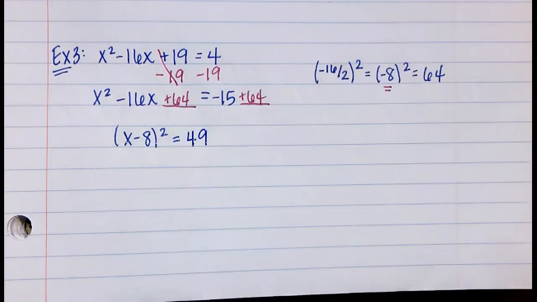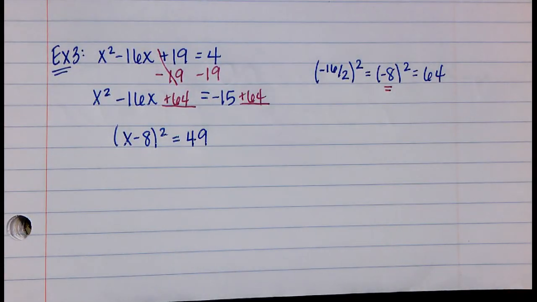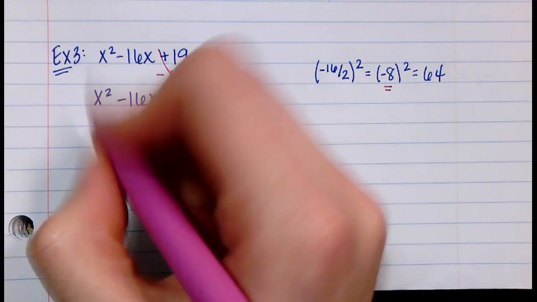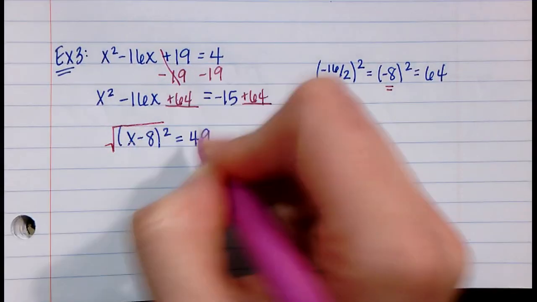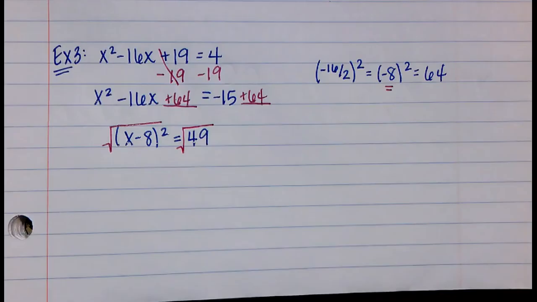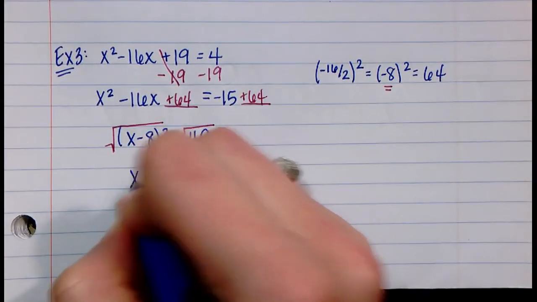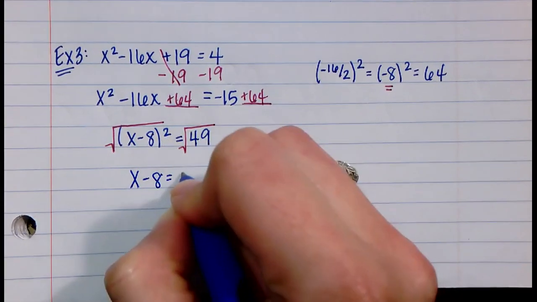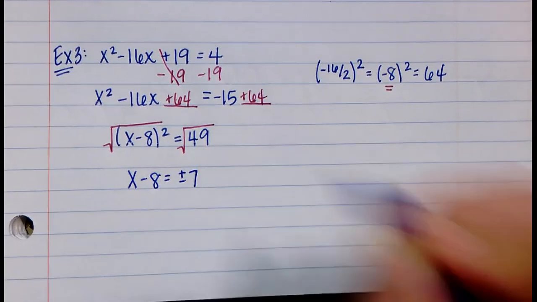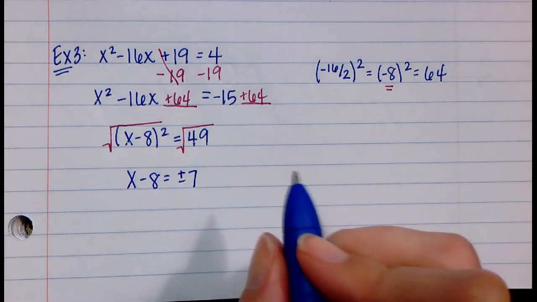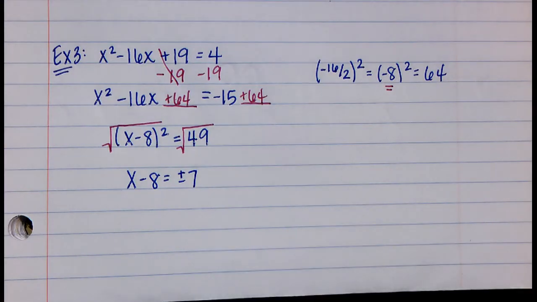From here, we need to solve, so we're going to take the square root of both sides, leaving me with x minus 8 equals plus or minus 7, because the square root of 49 is positive or negative 7. Then we would add 8 to both sides.